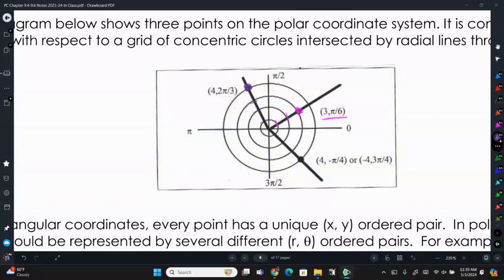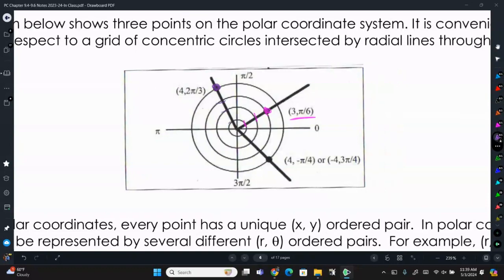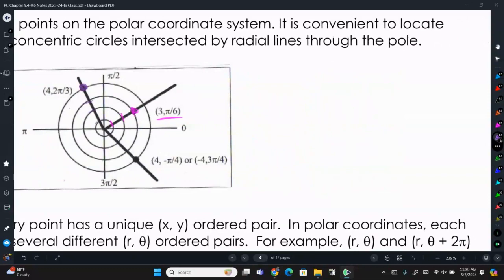Now, we haven't talked about anything negative yet, because we know we can have negative angles. So if theta is negative, we rotate clockwise.